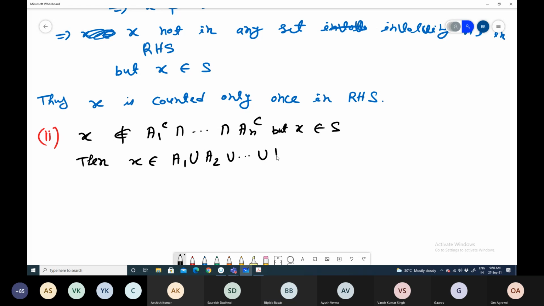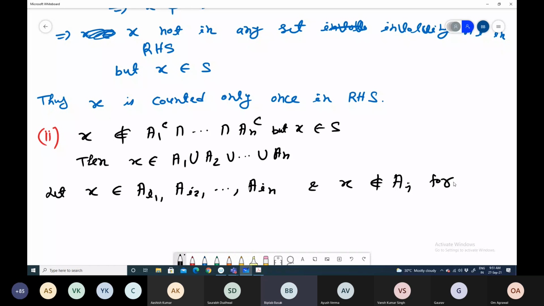So that means X belongs to some of the Ai, but we don't know which Ai contains X. So let X belong to A_i1, A_i2, ..., A_ik, and X does not belong to A_j for j not equal to i1, i2, ..., ik.